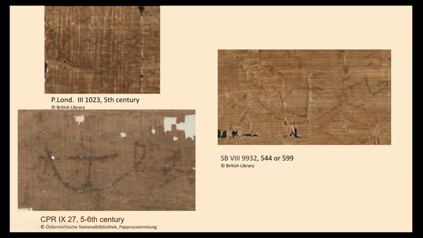Based on the form of Misthosis, the more plausible date would be somewhere between 480s and 570s. And the last example is this document, where two possible dates are suggested, 444 or 599. Again, taking into consideration a form of M, which is not attested after 570s, the first date seems more plausible.